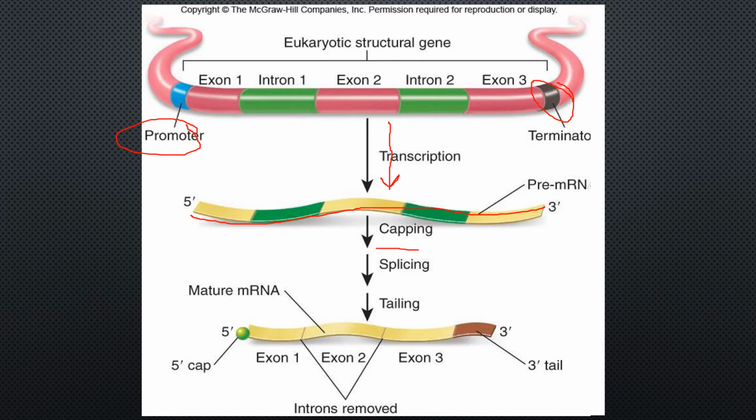Step 1, we cap the protein. Step 2, our spliceosomes come in. And step 3, we put a poly-A tail on it. So that at the end, we have a 5' to 3' messenger RNA that has a 5' cap, a 3' tail, and only exons within the messenger RNA.